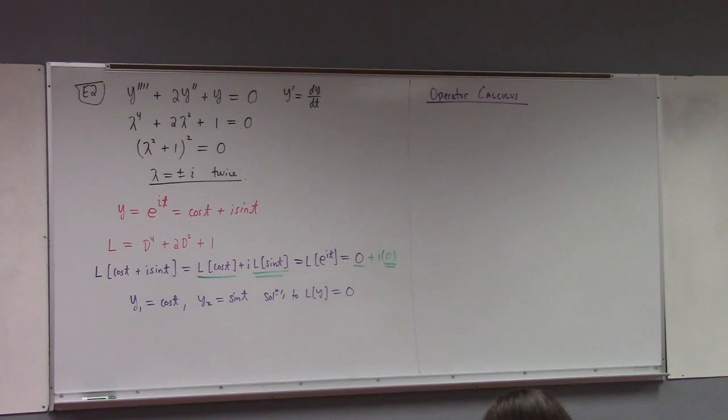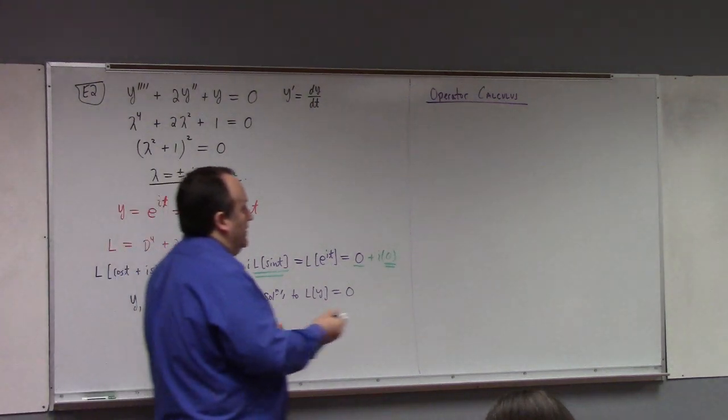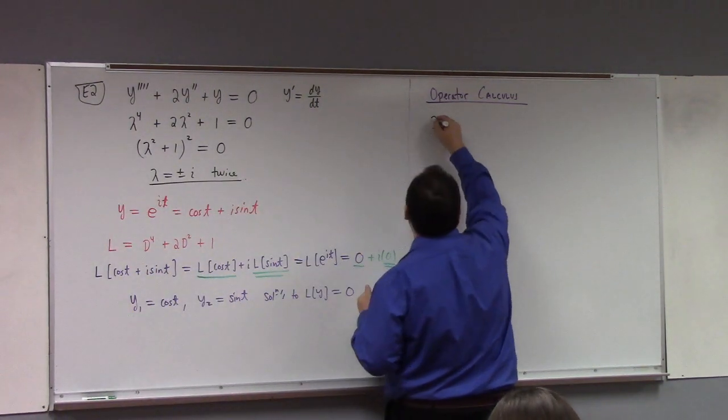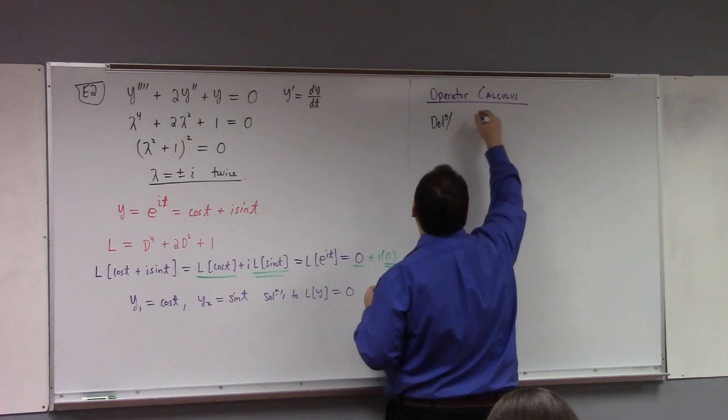So this is my section 3.2, and I'm not going to follow it directly. So first of all, a definition: how do we multiply operators?